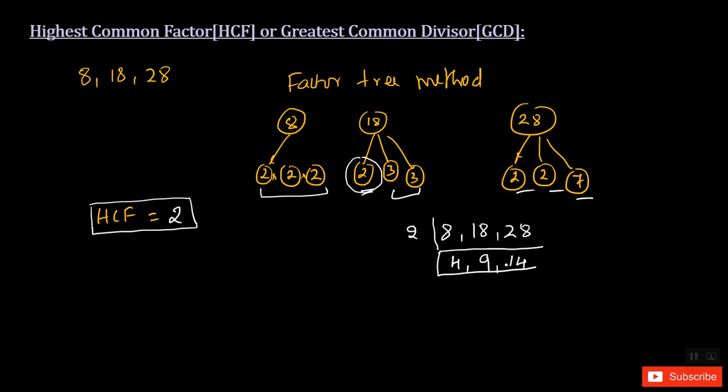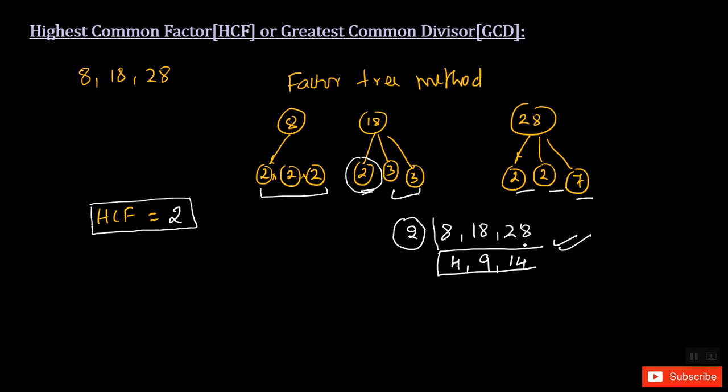Of course 1 is there, so 1 is always the HCF of numbers which are not multiples. So in this case also, 1 is the highest common divisor of 8, 18 and 28. I would prefer this approach because you can do it faster, as competitive exams are time based. So it's better to solve as fast as you can.